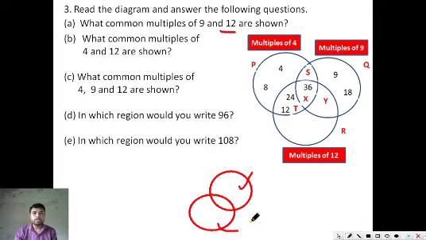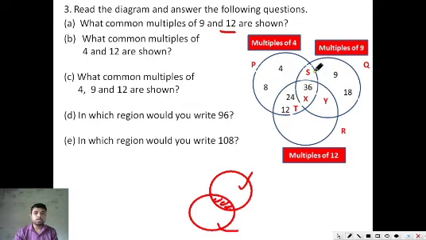Now look, these overlap each other. Overlapping means they have some common portion. So what is the common portion? This is the common region of Q and R. That means the common multiples of 9 and 12 are here.